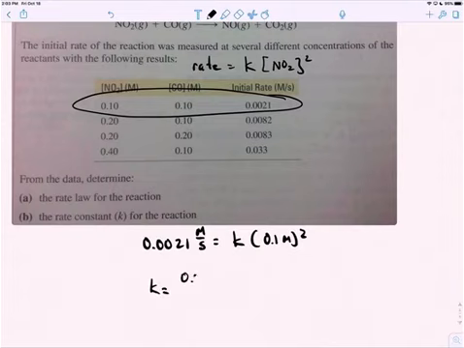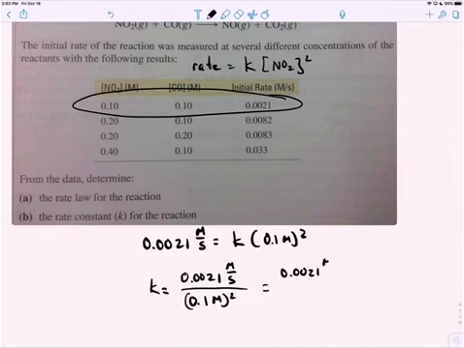K equals 0.0021 molar per second all over 0.1 molar squared, which equals 0.0021 molar per second over 0.01 molar squared.